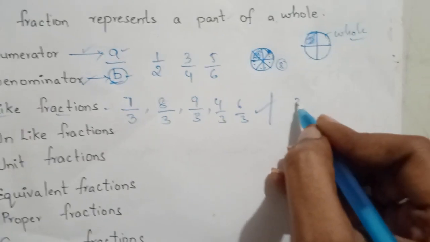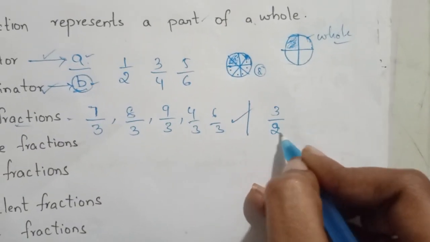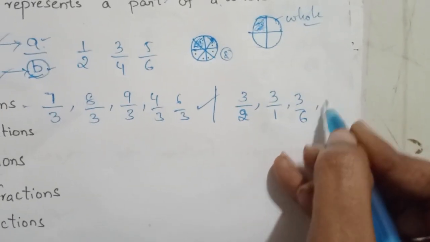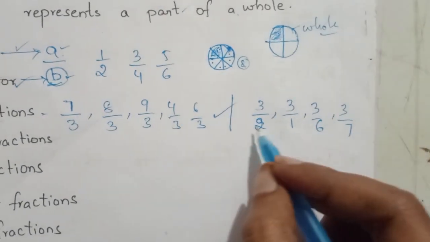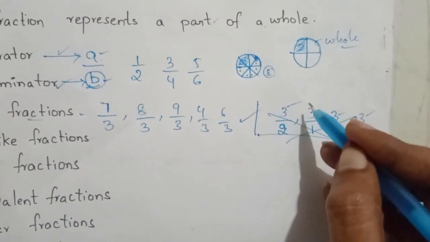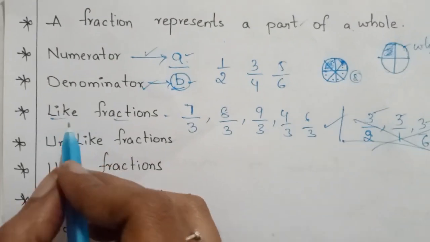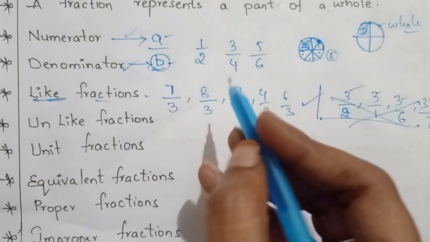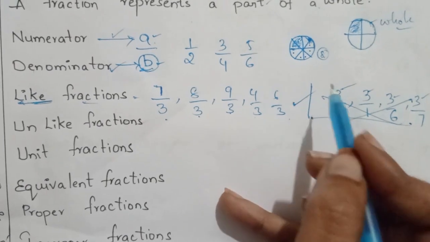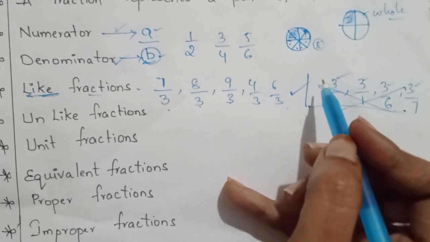Quickly tell me, are these like fractions? No, these are not like fractions. Here numerators are same. But like fractions means we should have the same denominators. Those fractions only we call like fractions.